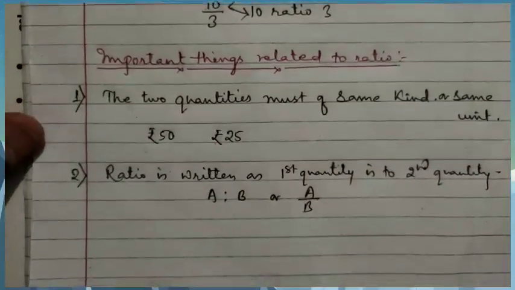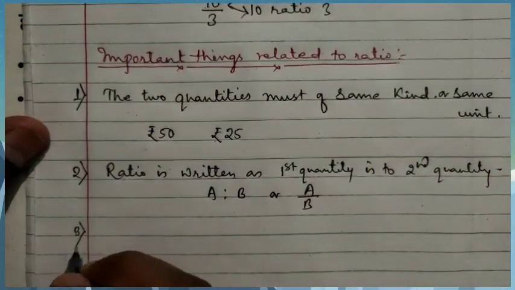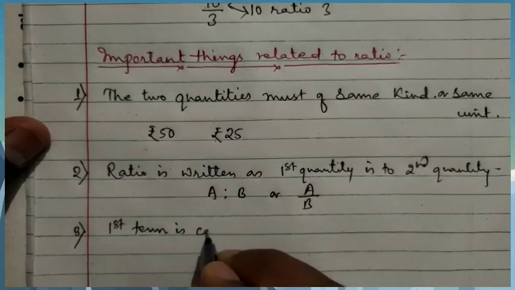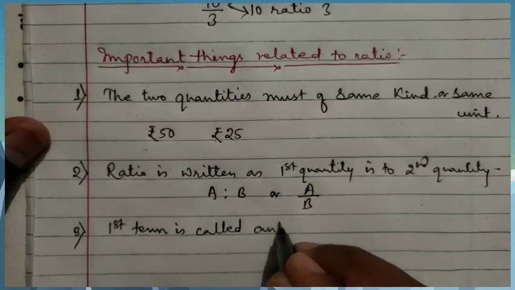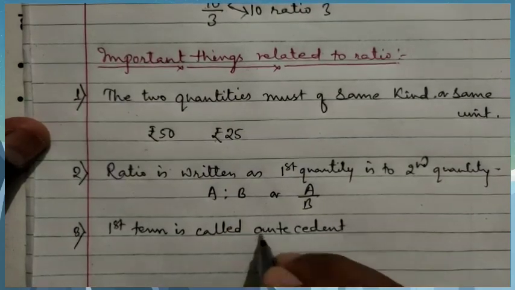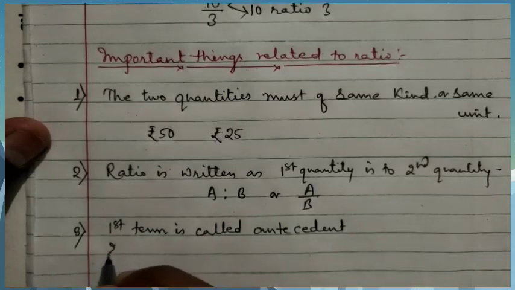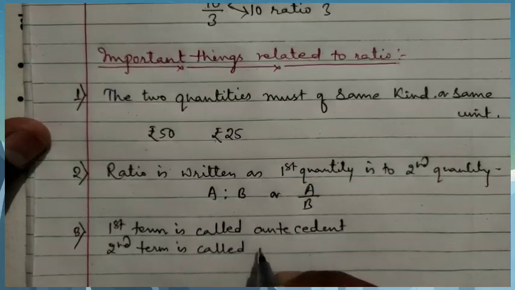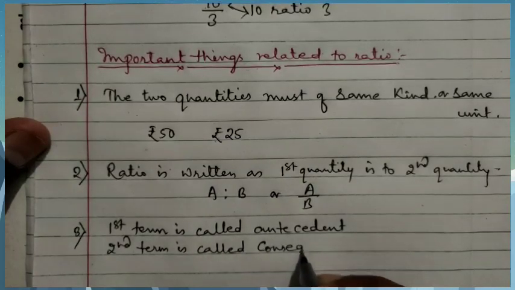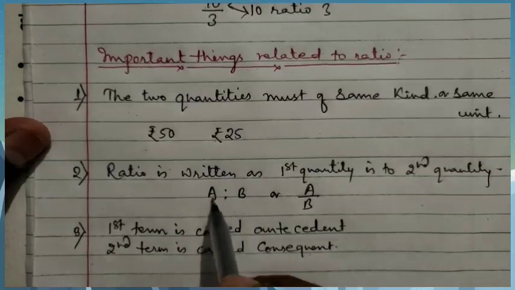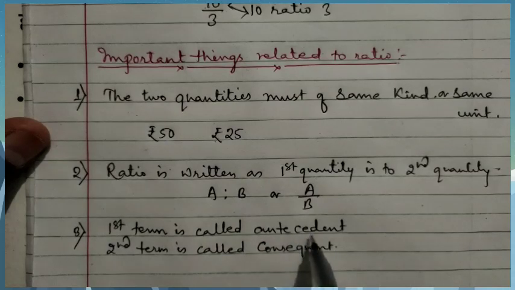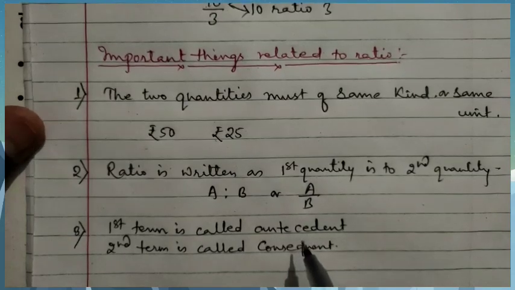The third point: the first term is called antecedent and the second term is called consequent. Like A is the first term, A will be called antecedent, and B is the second term, B will be called consequent. This is the third rule.